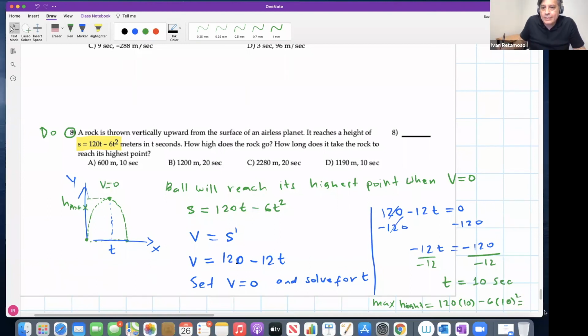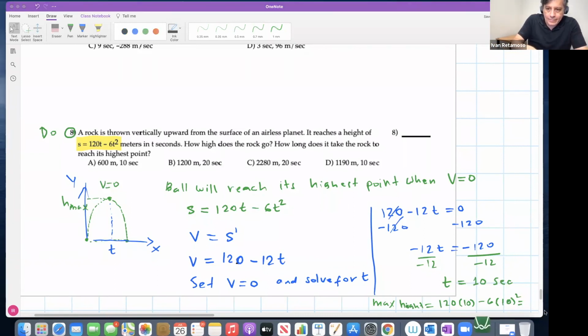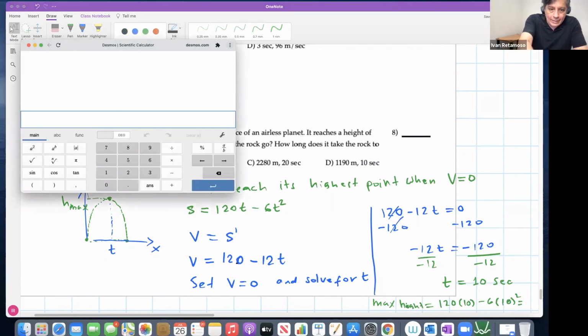Let's compute it in our calculator. Okay, so that's going to be 120 times 10 minus 6 multiplied by 10 squared. 600, right?